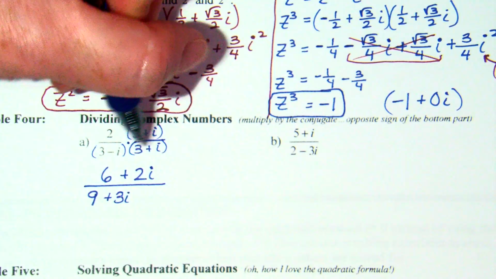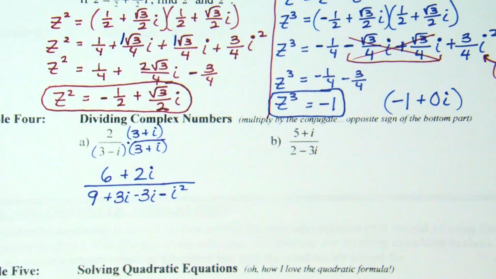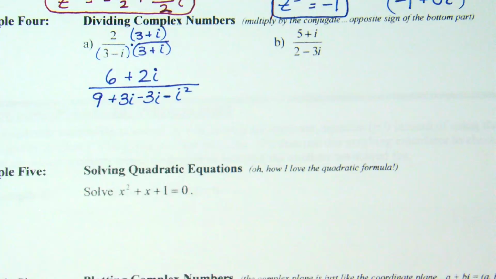Okay. So, numerator of 6 plus 2i, I'm just going to leave it as 6 plus 2i for the moment. Denominator, 3i minus 3i, cancels. I have 9. What do you know about minus i squared?